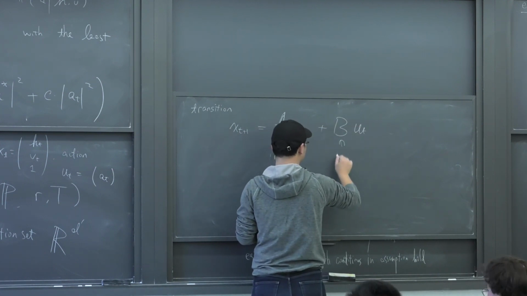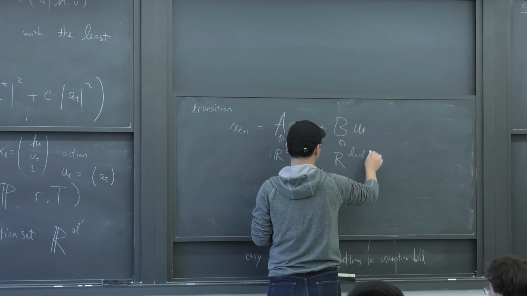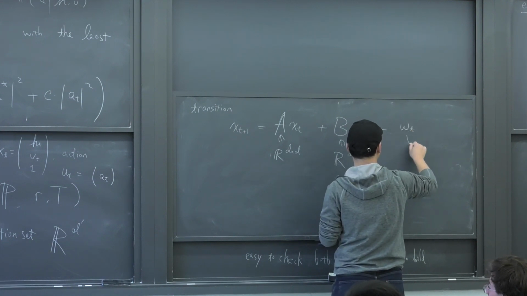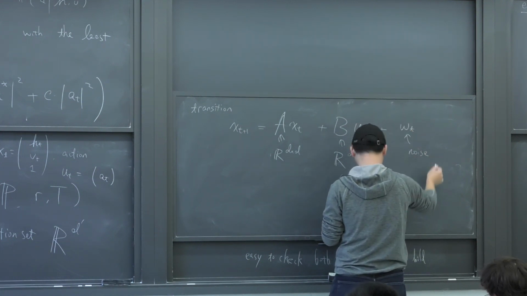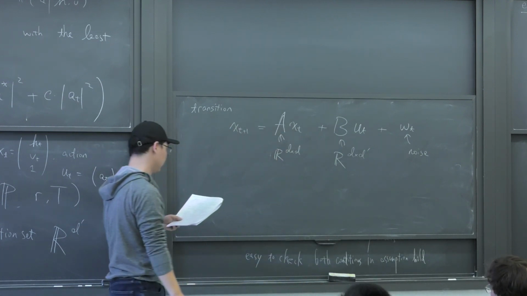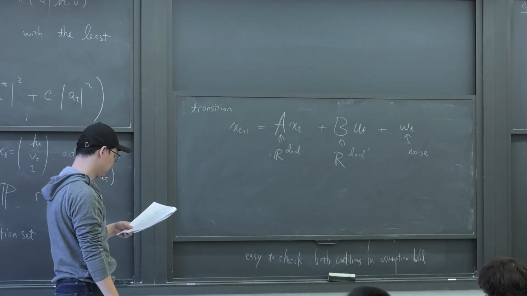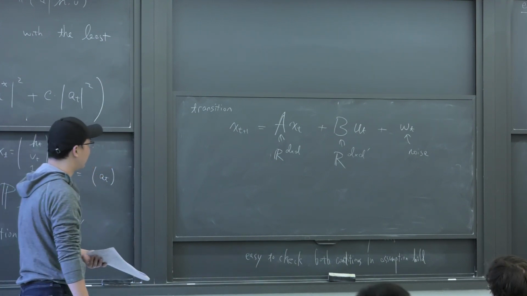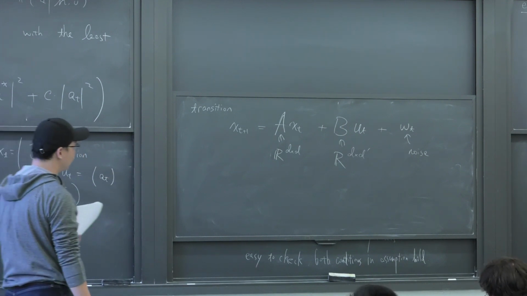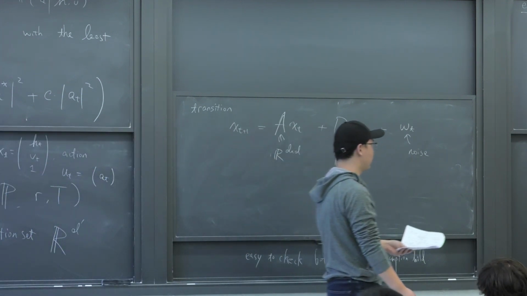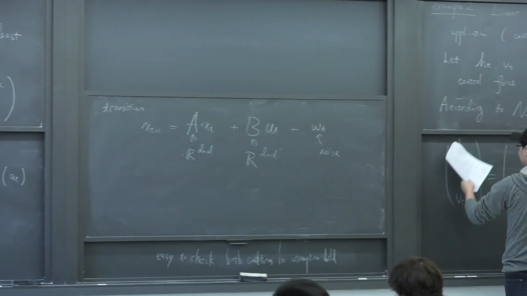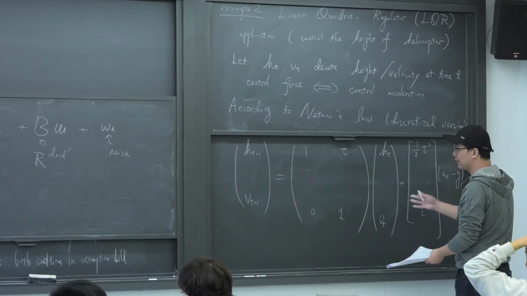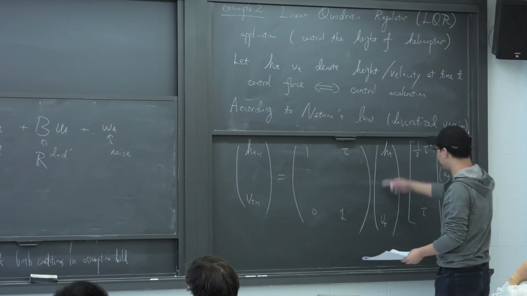B is again a matrix in d by d prime, and plus some noise, wt. So this is a linear dynamics. And this is generic LQR, which assumes this type of form. And we can see this application in general falls under LQR because if we make this xt plus 1, this xt, and this ut, this is clearly following the linear dynamics, okay? Linear in terms of this state and this action.